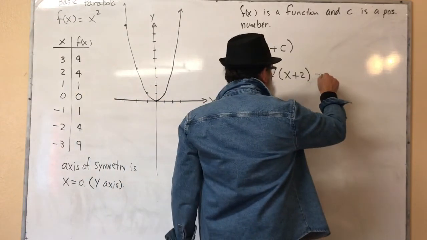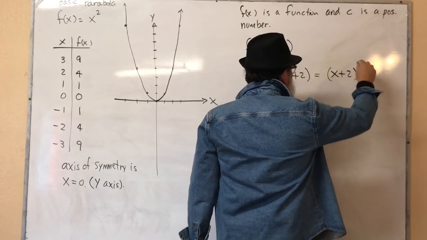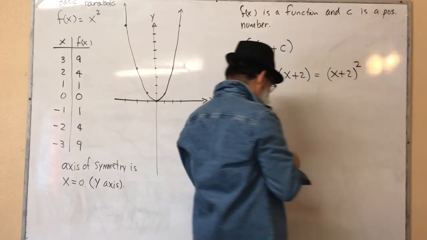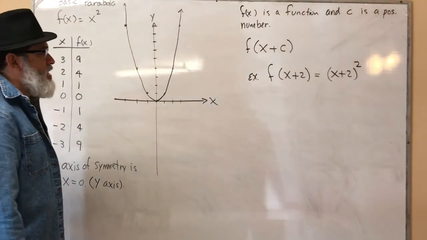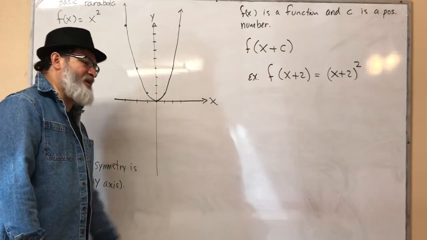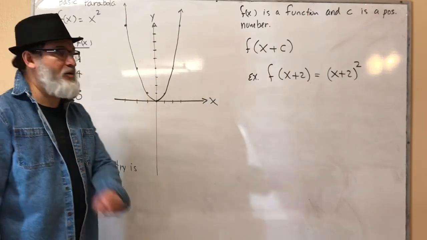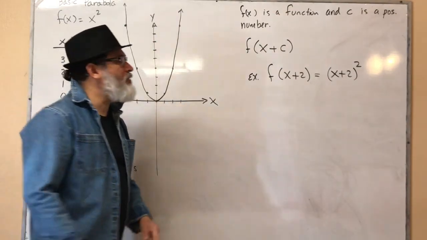So therefore this equals x plus 2 quantity squared. You can make a table and graph this parabola. We're going to do that. Okay?